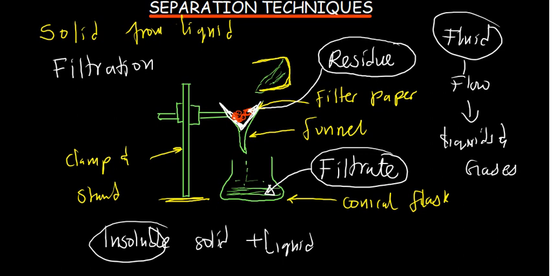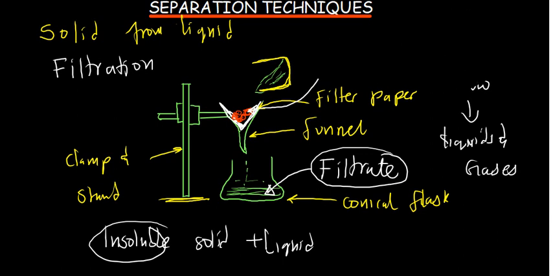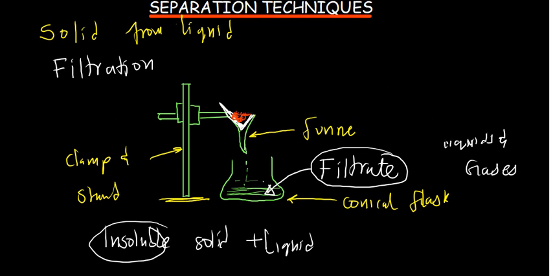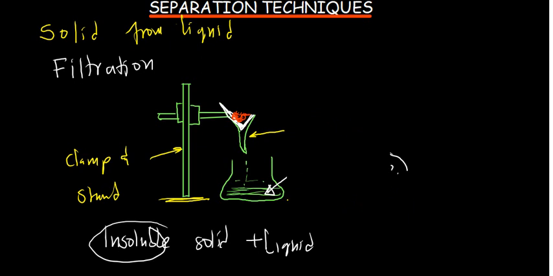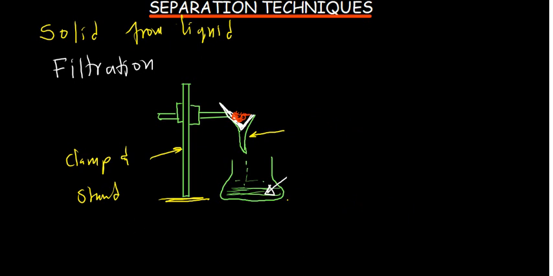All right, you also need to know some applications. Where do you get to apply this method, filtration, at a big level, apart from just talking about this in a lab like this one? So filtration is also used in the manufacture of sulfuric acid by the contact process. You need to know this because they ask in the exam, give some applications of filtration.